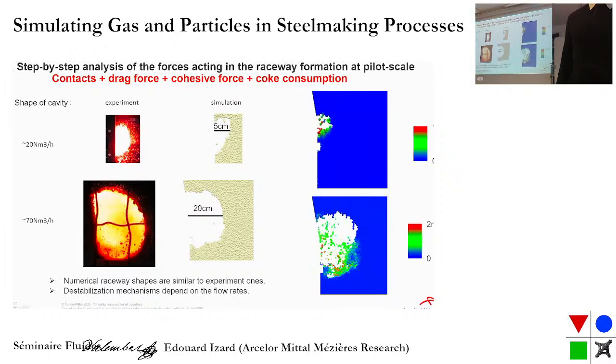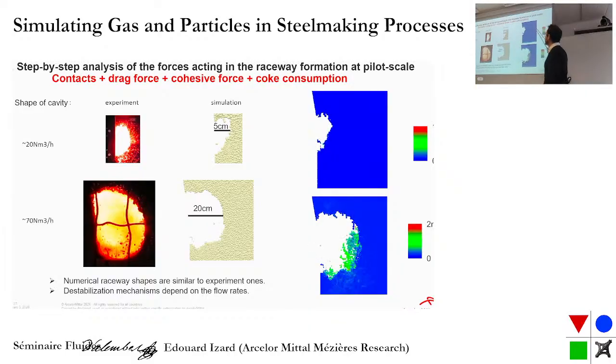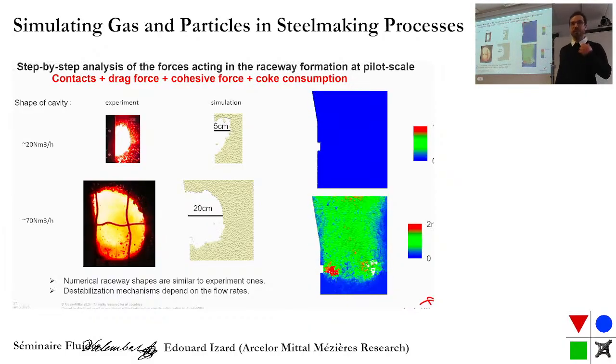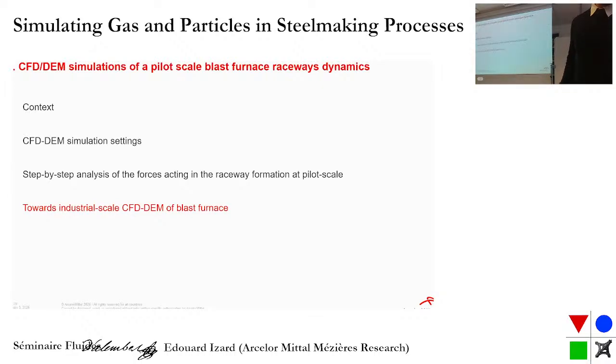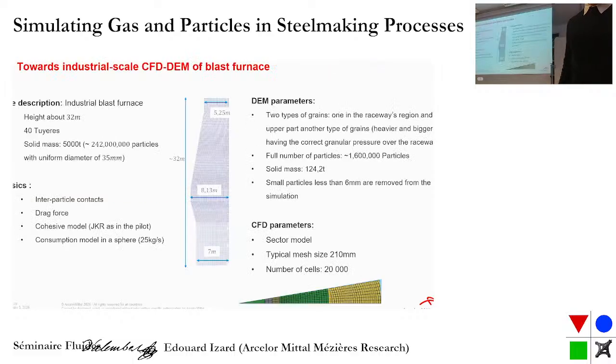So that's quite interesting, because now we know that we need to include all these effects for this kind of simulation. And then what we try to do is to make an industrial scale simulation with similar phenomena. Here the scale of the furnace is 32 meters.